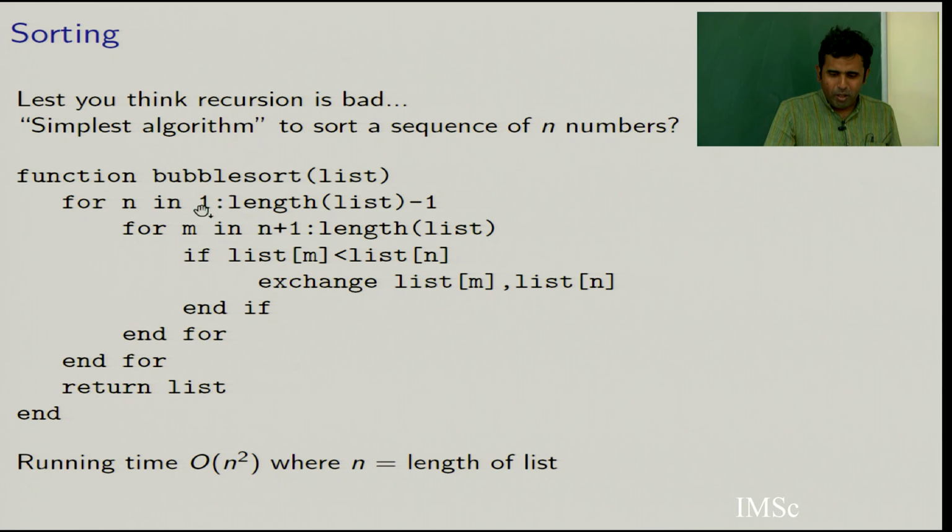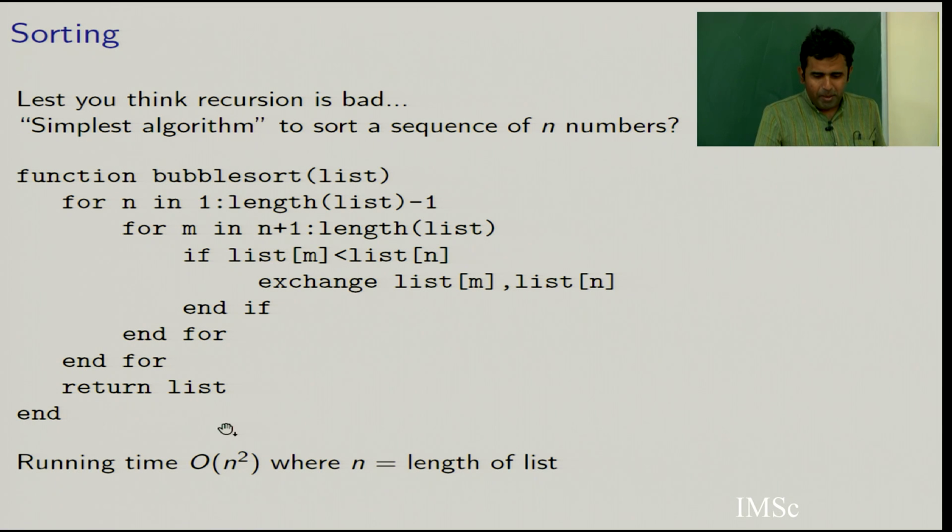Then you go to n is equal to 2, and again you look at all the remaining elements and exchange them, and at the end of this, the n is equal to 2 position will have the minimum element, and you keep on doing that. So it is as if the minimum elements are bubbling down the list until you have gone through the entire list. So it is easy to implement, and at the end you return the list.